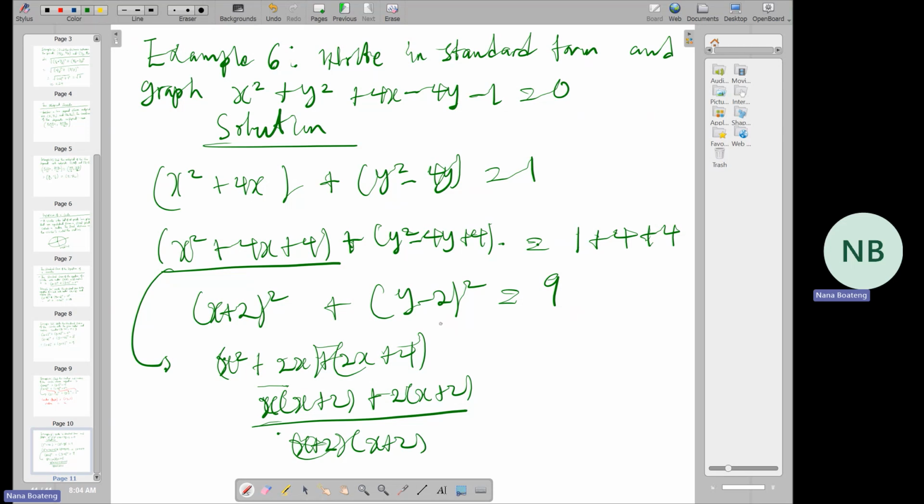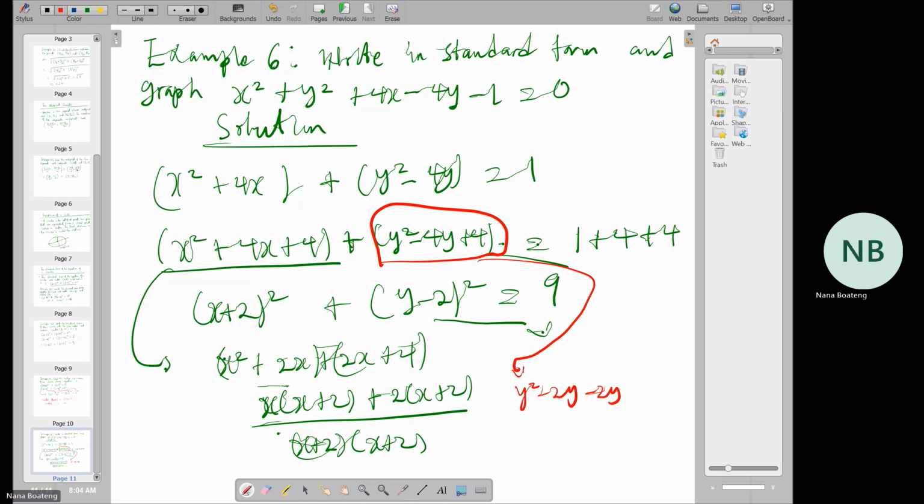And so that's how we get x plus 3 squared. And the second parenthesis, we can do the same thing. We can factorize it similarly: y squared minus 2y minus 2y plus 4. The negative 4y is the same as minus 2y minus 2y. So we can factor y out of the first parenthesis, so y times y minus 2.